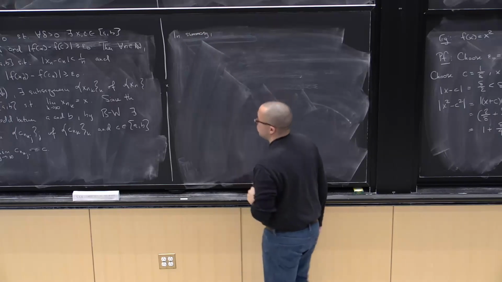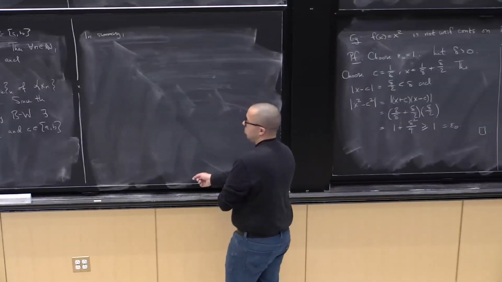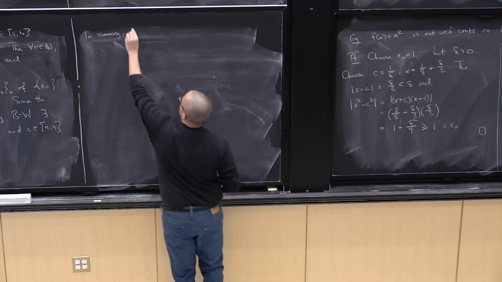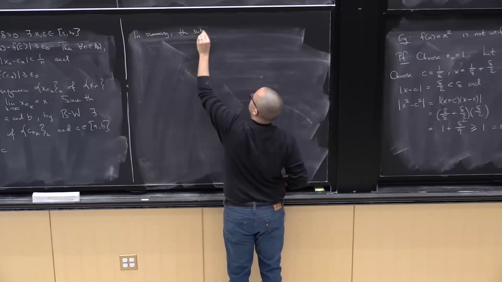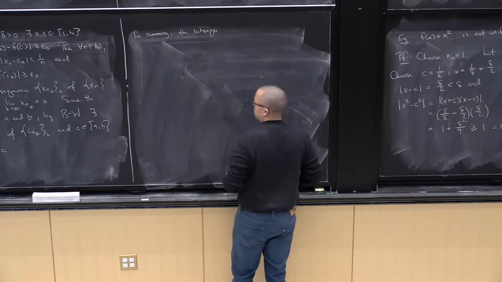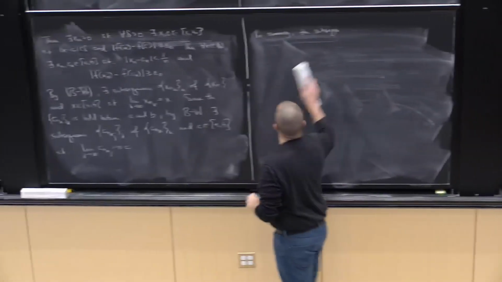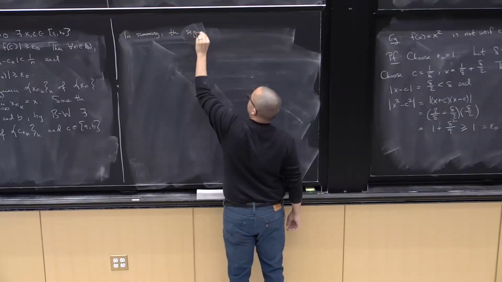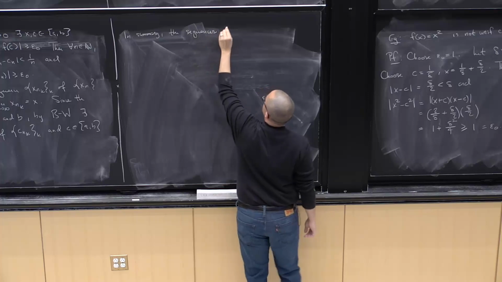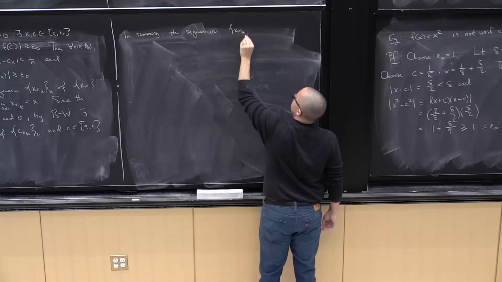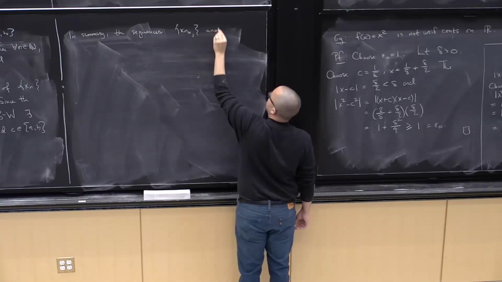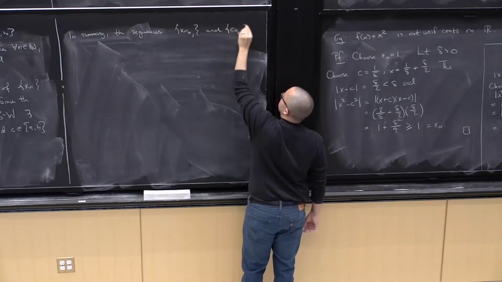In summary, the sequence is x_{n_{k_j}}, so now this is even a subsequence of x_{n_k}, and c_{n_{k_j}}.